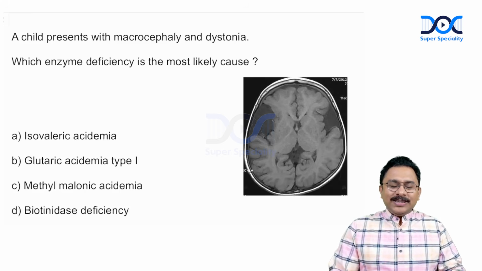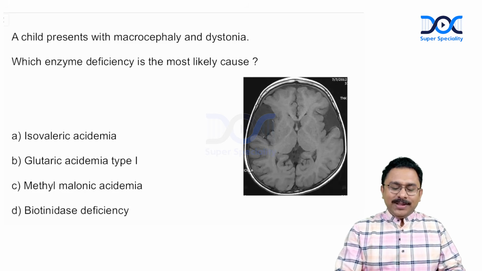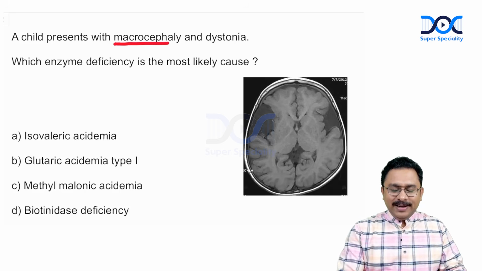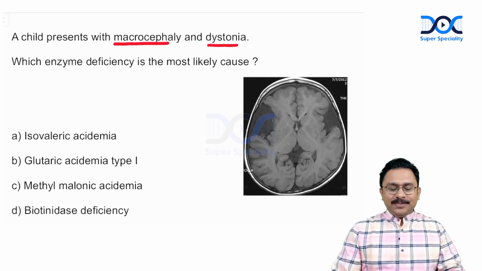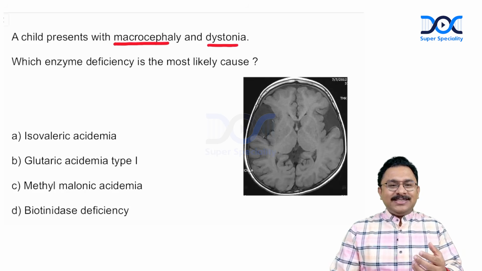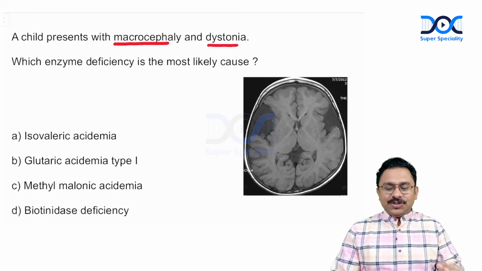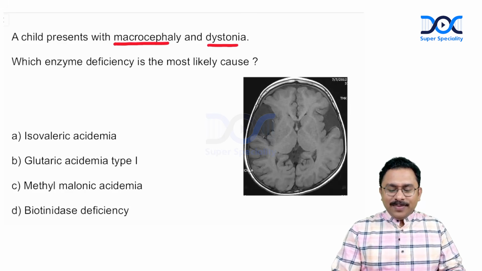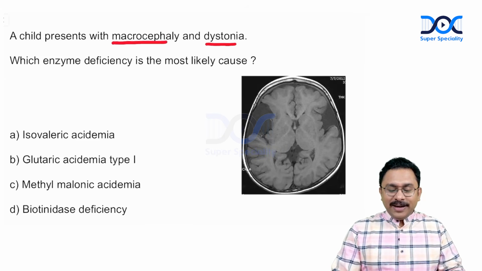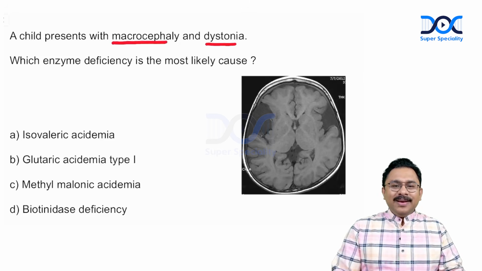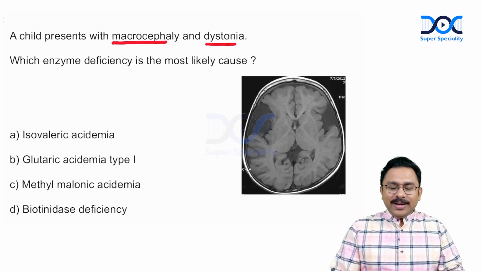Coming to the next question, a child presents with macrocephaly and dystonia. Which enzyme deficiency is the most likely cause? So you can see the MRI finding being shown. Okay, the axial section you can see.